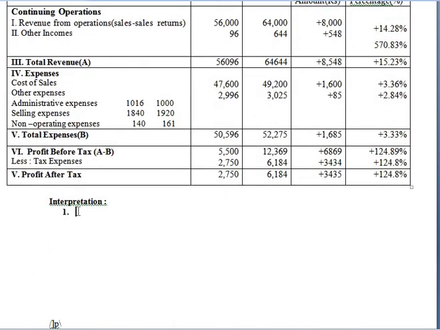So our first interpretation is like this. Increase in cost of sales.